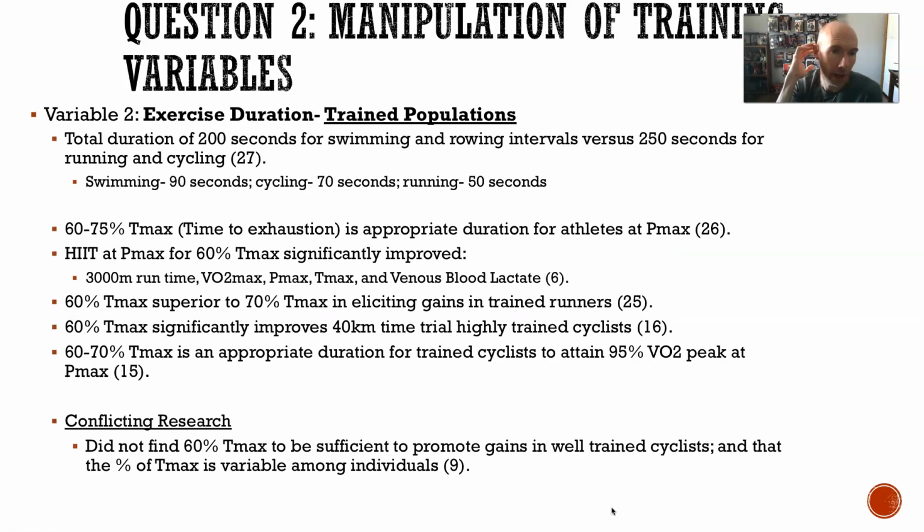Second variable is the duration. How long does your work interval need to be? Okay. Now this one is surprising to me. It makes interval training sound really difficult. Okay. So this study here looked at different sports, and what they found was that the interval length varied based upon the activity.